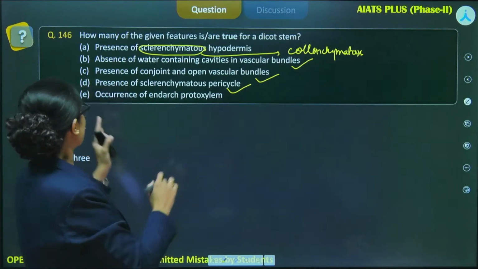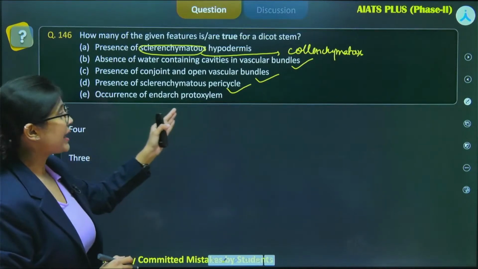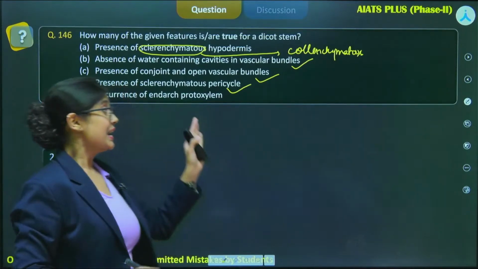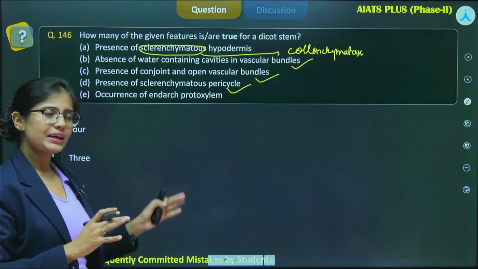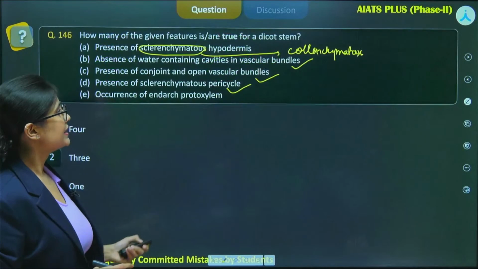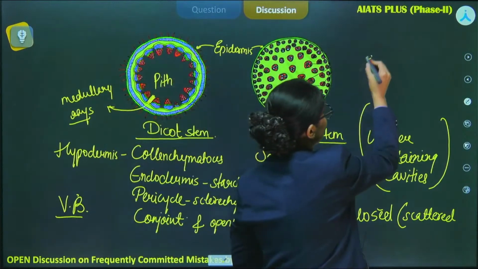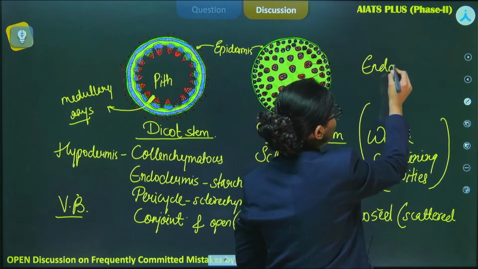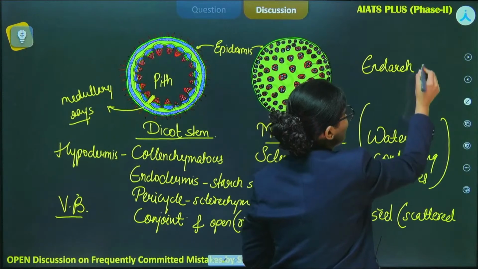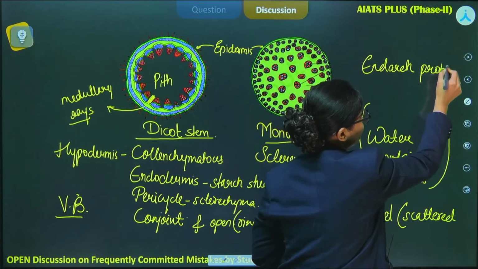Okay. Now, next feature is occurrence of endarch protoxylem. This feature is actually common in both monocot and dicot stem. Here I will explain this endarch protoxylem. What do you understand by that?